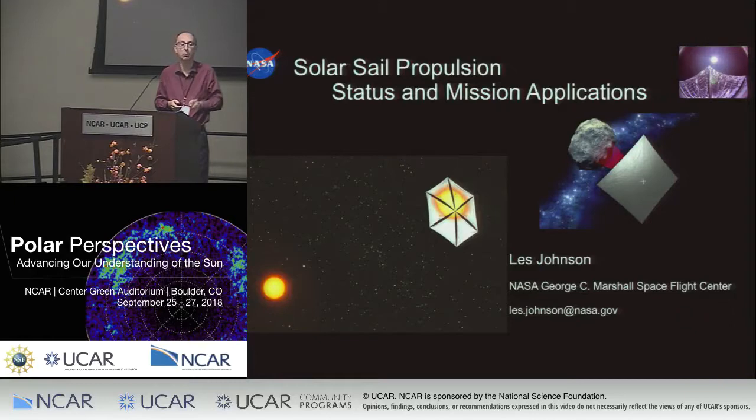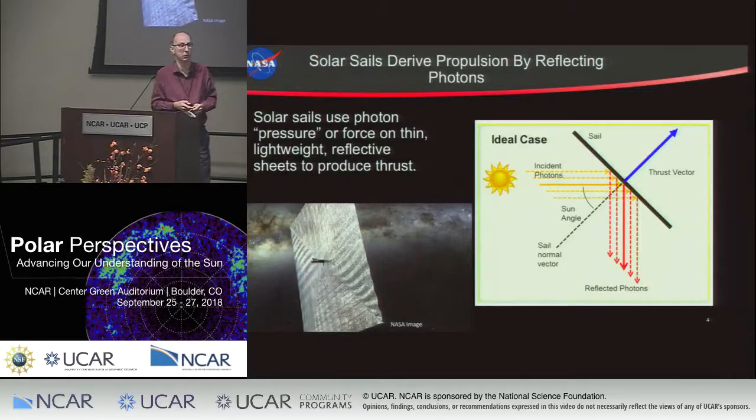So there have been lots of ups and downs for technology, but this is really the time for solar sails. There's been a lot of effort over the last few years, and I'll bring you up to date on where we stand and where I realistically think the technology can be in the near future. Just to remind you, a solar sail works from solar radiation pressure, photon thrust. It's been measured in space. It's been demonstrated in space. It's complicated.